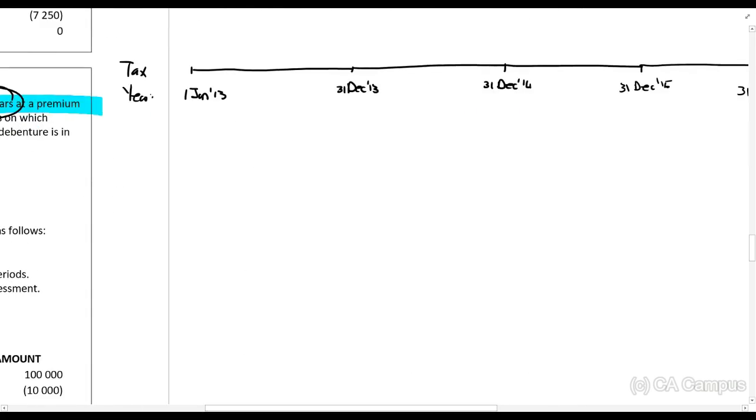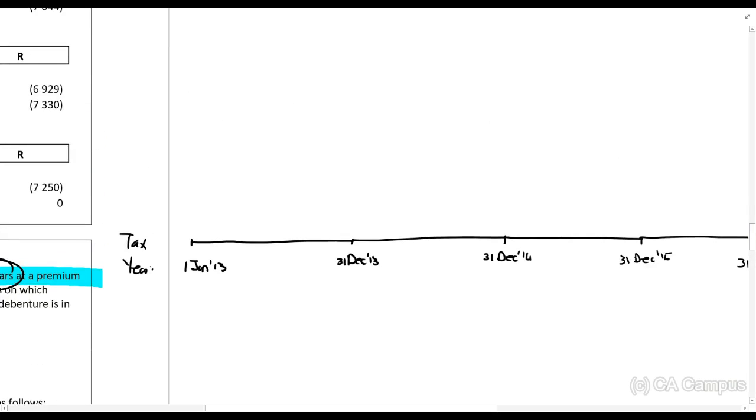Okay, so what I want you to see, how is this going to happen? So this is going to be our interest. Here is 1 July 2013. The first one runs until the 31st of December. So that is N1. Our next period, just changing color to distinguish it, runs until the 30th of June 2014. N is 2.